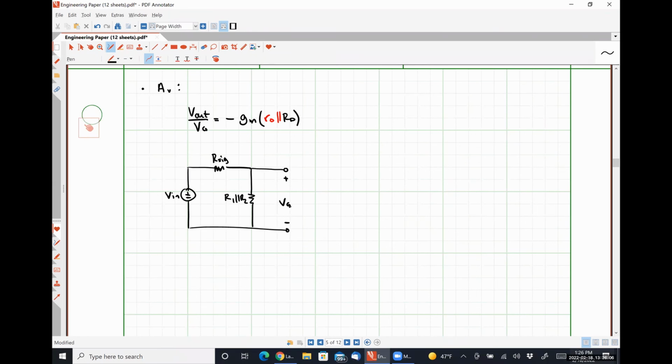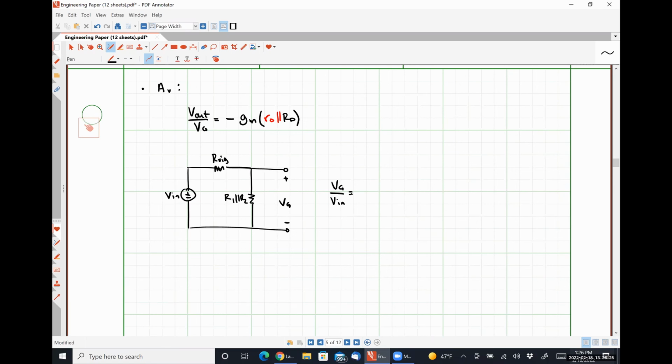Here's VG. So what we want to determine is effectively the transfer function of this voltage divider stage, VG over Vin.